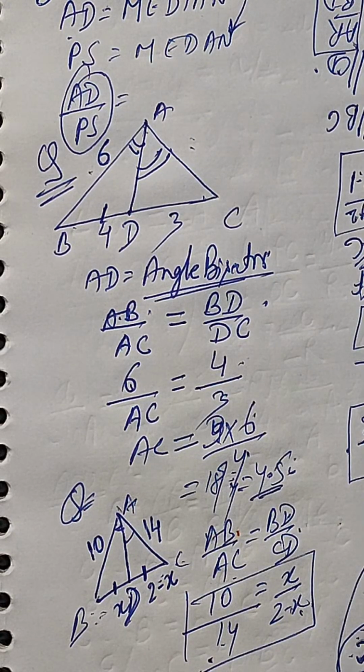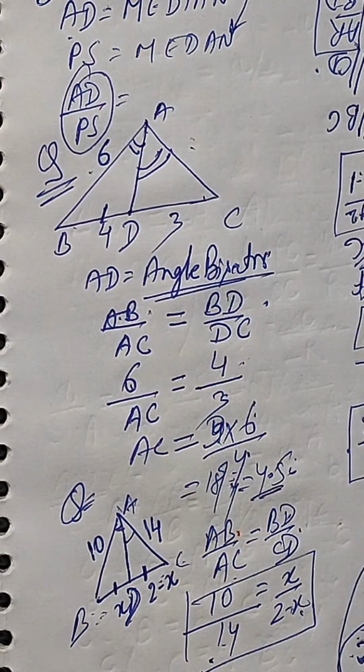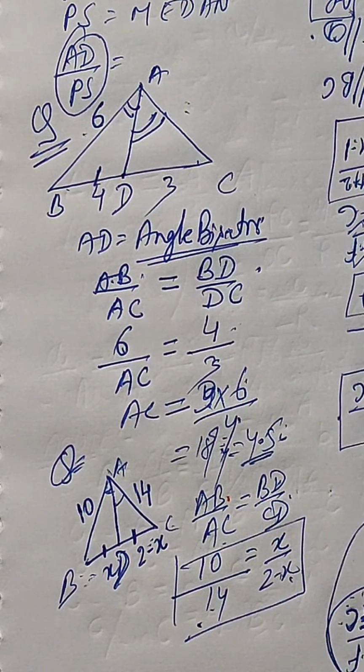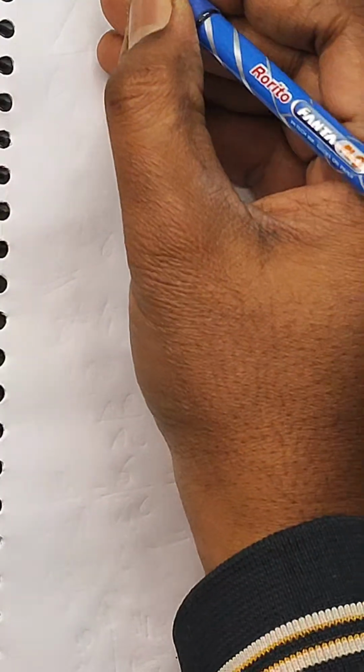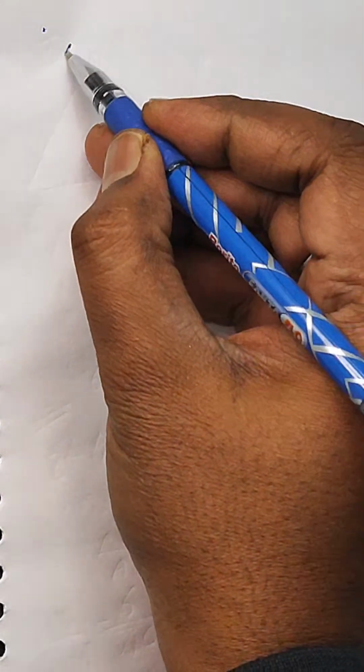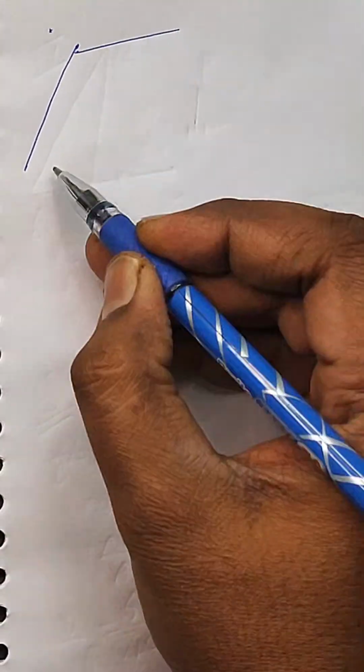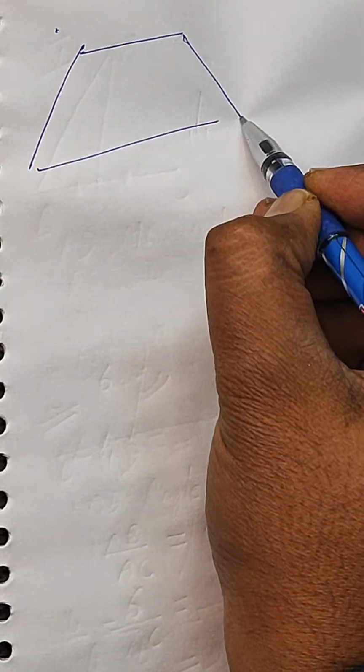If the diagonals of a quadrilateral divide each other proportionally, then it is a trapezium, right? This theorem, you will see. Let us say any quadrilateral is there, I'm just making it in the shape of a trapezium, but don't mind.